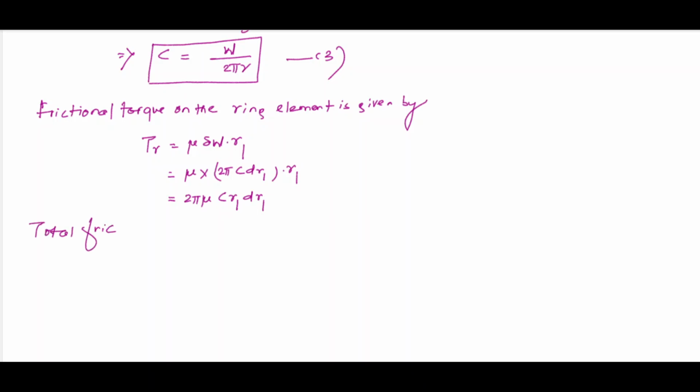Okay. Now the total frictional torque T will be integral from 0 to R of 2 pi mu C R1 dR1. So take this out, 2 pi mu C, and it will be R square by 2.